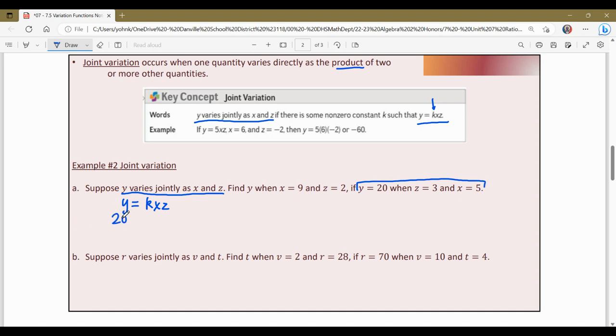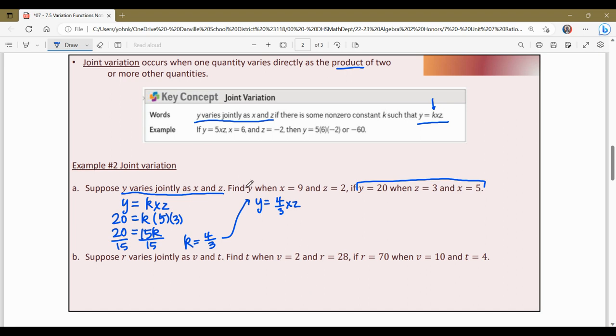So y is 20 equals k times my x is 5 and my z is 3. Well, now I can simplify the right side. 20 equals 5 times 3 is 15k. Divide both sides by 15. I can reduce this fraction and get 4/3. So now I can write my equation: y equals 4/3 xz.